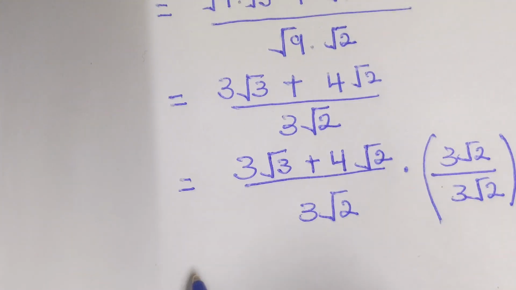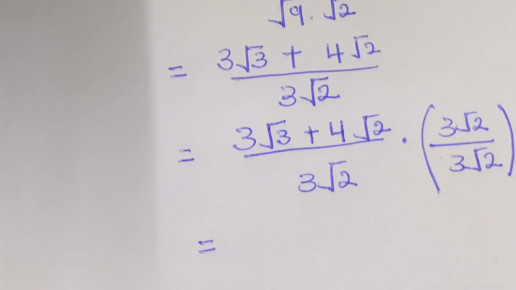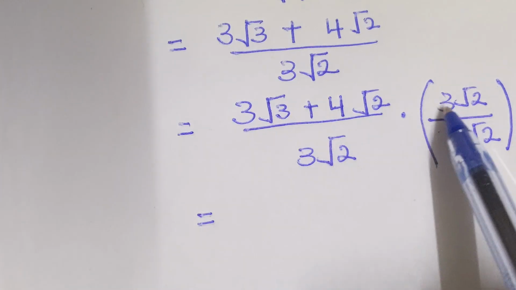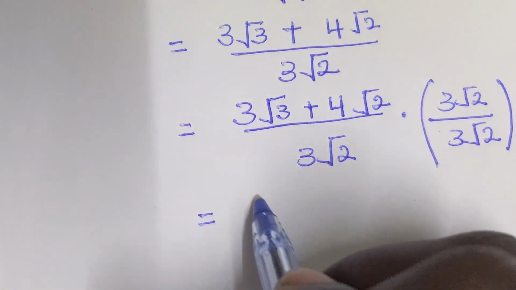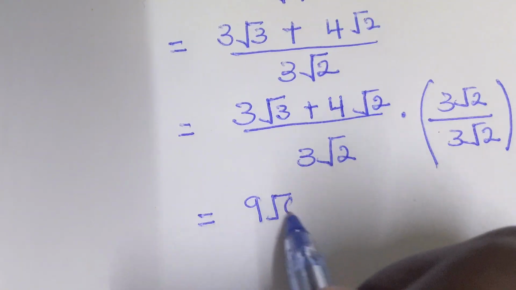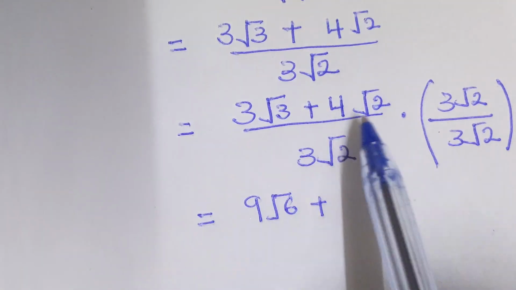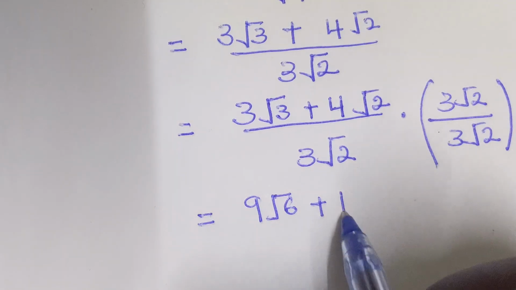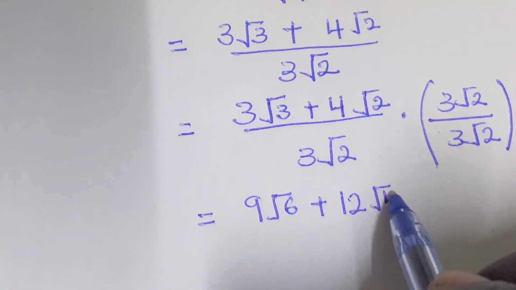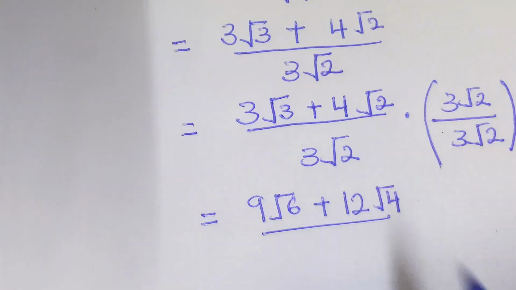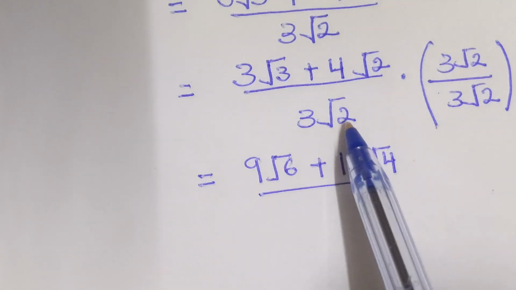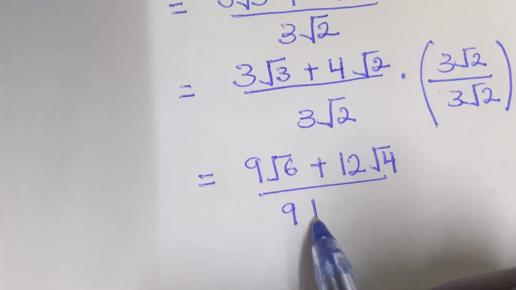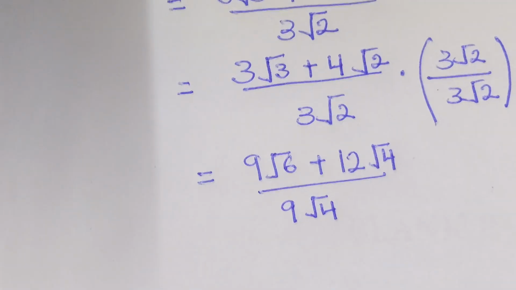So this is equal to 3 square root of 3 times 3 square root of 2, which gives us 9 square root of 6, plus 4 square root of 2 times 3 square root of 2, which gives us 12 square root of 4, over 3 square root of 2 times 3 square root of 2, that is 9 square root of 4.